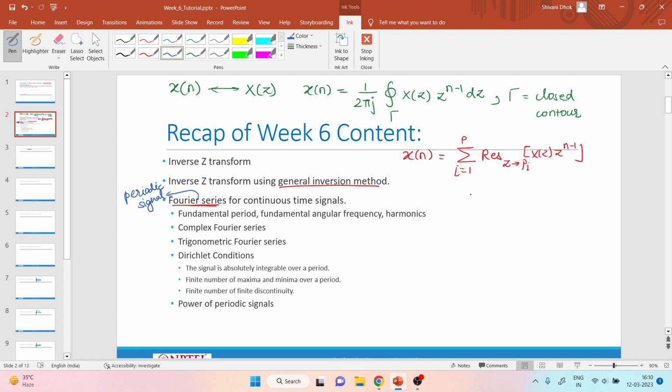If x of t is periodic with, let's say, period t naught, and this is the smallest t naught after which that particular signal repeats, then this is known as the fundamental period.